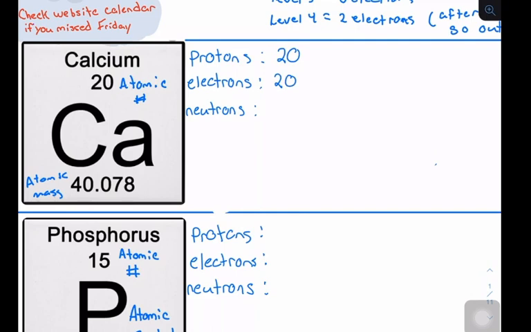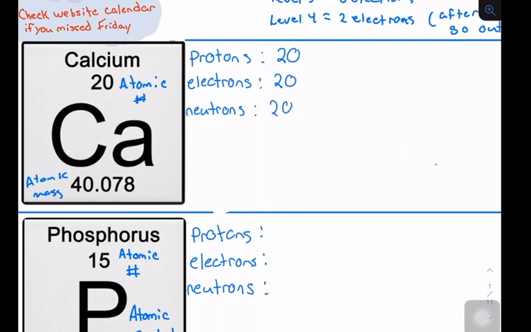Sometimes the neutrons will be the same as the protons, sometimes they'll be off by 1 or 2, so we have to take the atomic mass and subtract the amount of protons. We do that because the mass of an atom is mostly because of its protons and neutrons. So 40, we'd round down to 40. 40 minus 20.